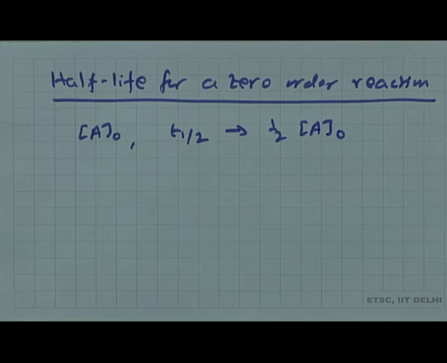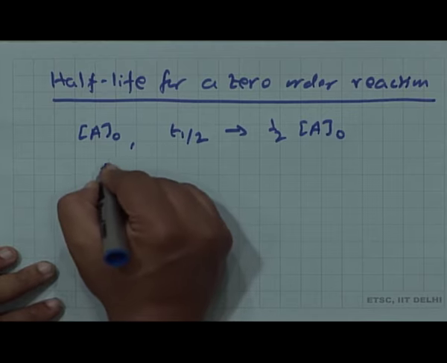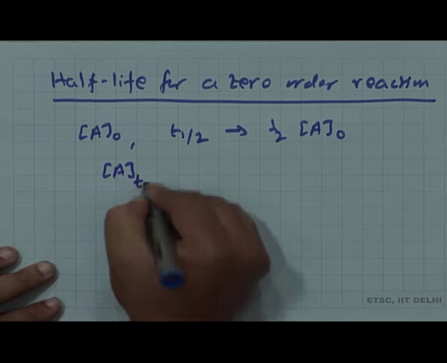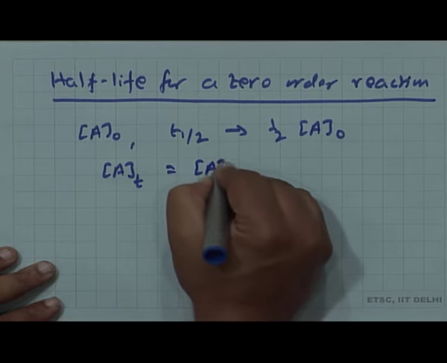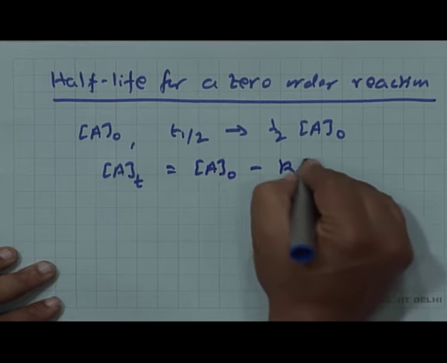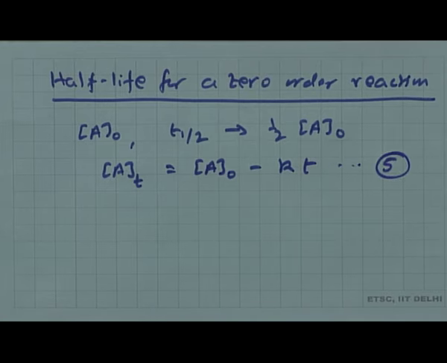That was the definition of half life. So, let us go back to equation 5, where we had A of t is equal to A naught minus k t.